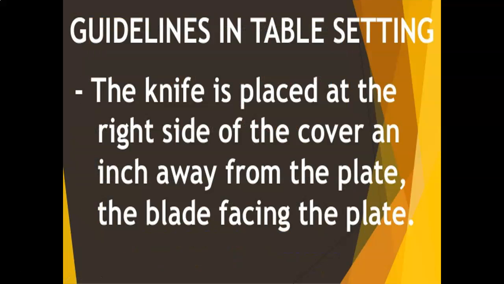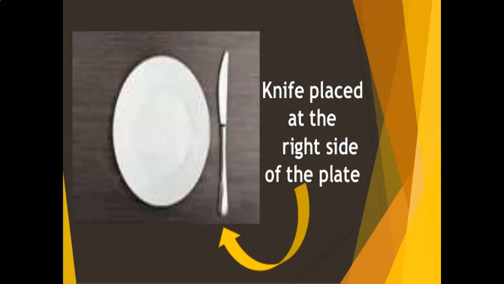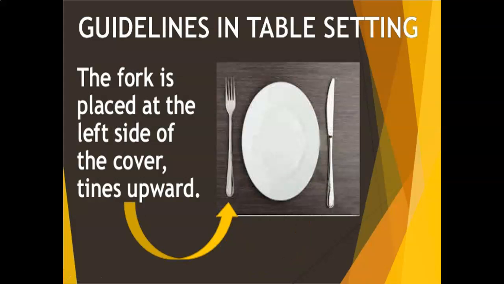The knife is placed at the right side of the cover, 1 inch away from the plate, the blade facing the plate. So the knife is placed at the right side of the plate, with the blade facing the plate. The fork is placed at the left side of the cover, tines up.